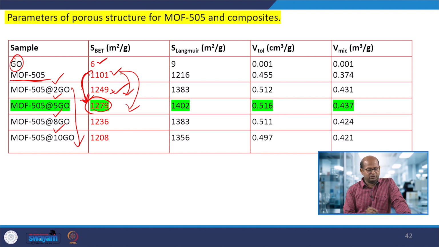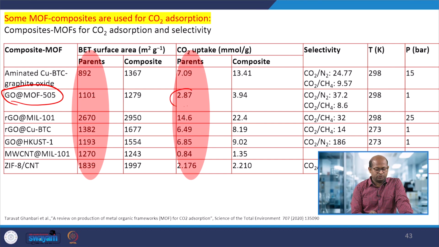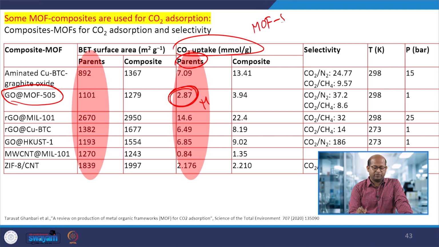Therefore, this enhancement of surface area in the graphene oxide composite would of course help in CO2 uptake when we conduct the CO2 adsorption experiment. Here you can see the CO2 uptake, 2.87, was observed. In the parent compound, where only MOF 505 was used, the CO2 uptake was 2.87 millimole per gram.